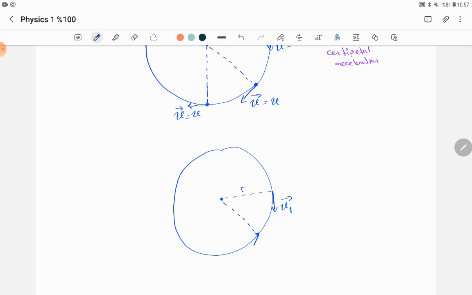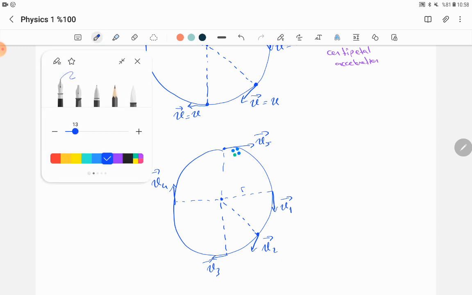Day by day this linear velocity is changing, not equal to the others.